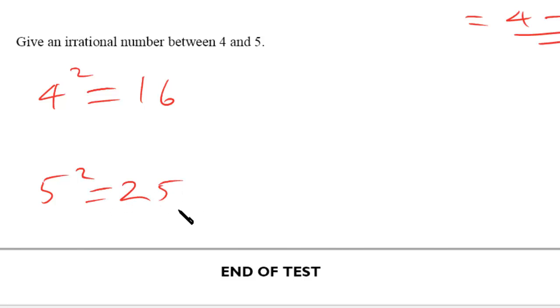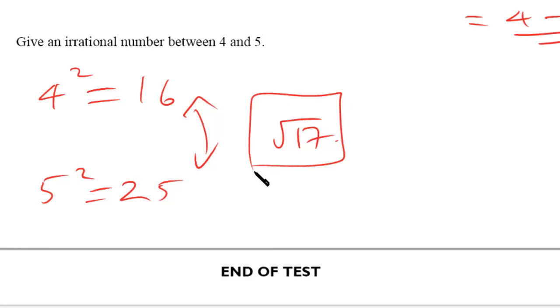Now therefore, the square root of any number between these two numbers will be irrational. So if we square root 17, we know that's going to be between 4 and 5. It's not a square number because there's no square numbers between 16 and 25. Therefore, it must be irrational.